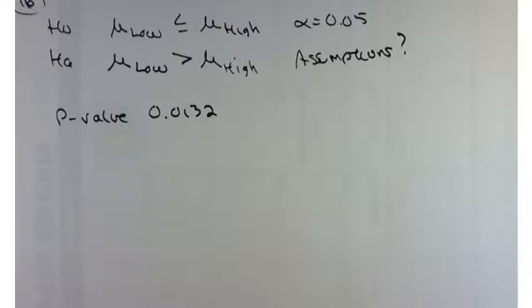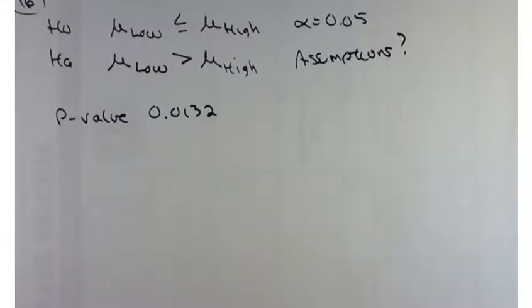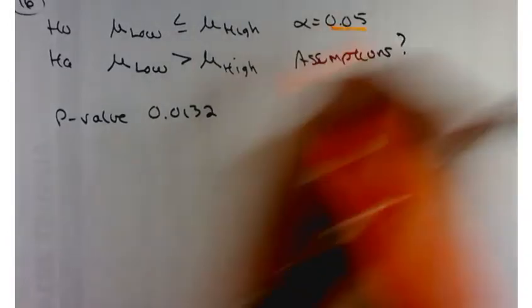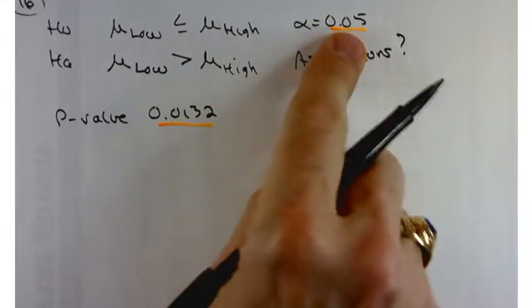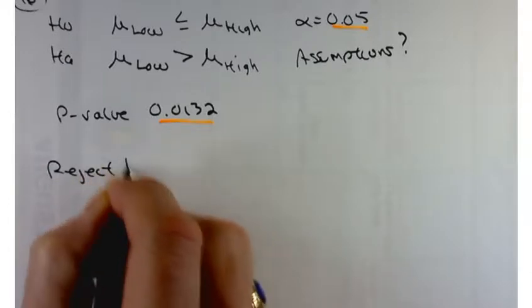Bree, what's that telling us we should do about our null hypothesis? Yeah. So the p-value is less than alpha, so reject H naught.